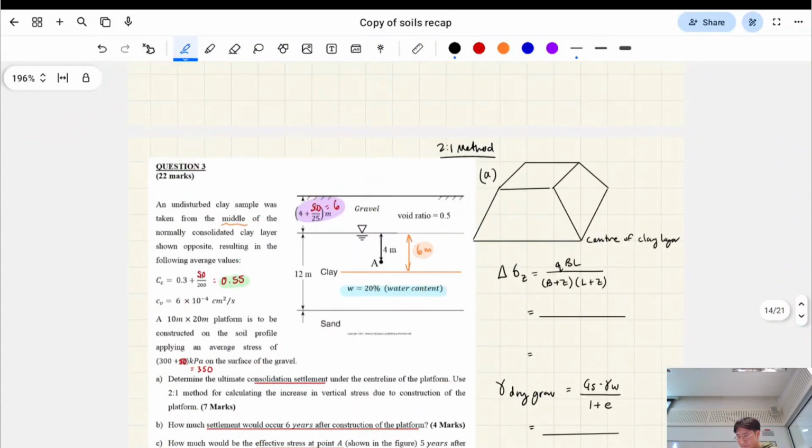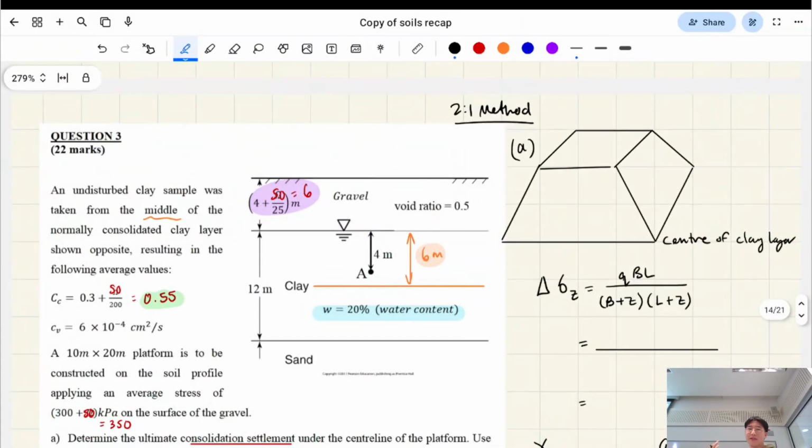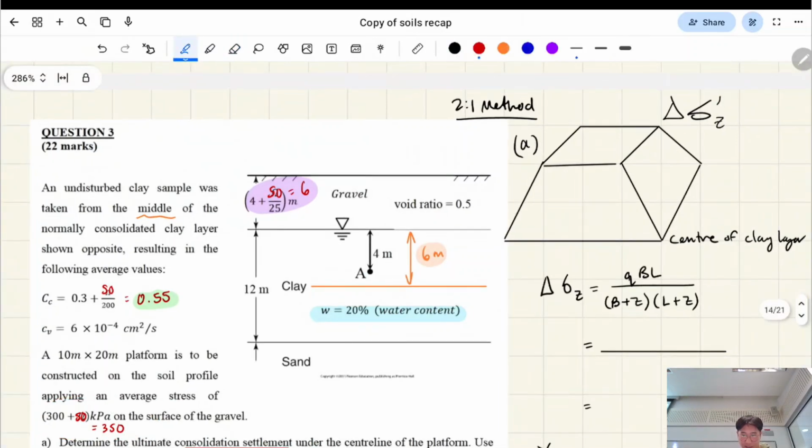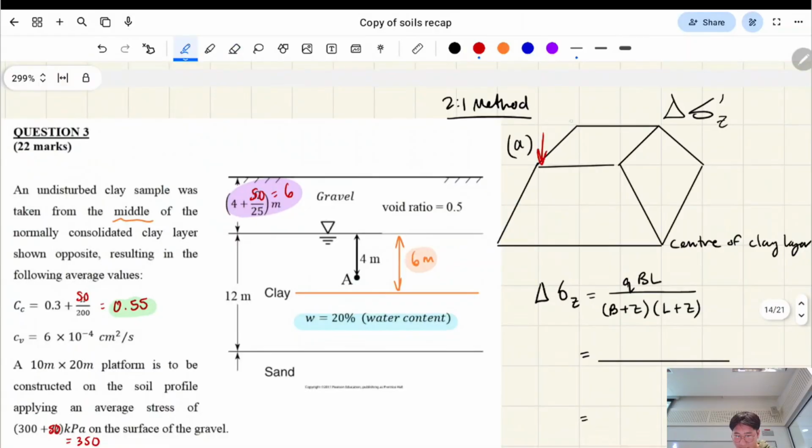Okay. So this question asks for the 2-to-1 method. What we're doing first is finding the effective change in stress, usually denoted like that. One sec. Okay, so we read the question and find that after we plug in omega, the average stress on the surface of the gravel is 350, which means it looks like this, right?